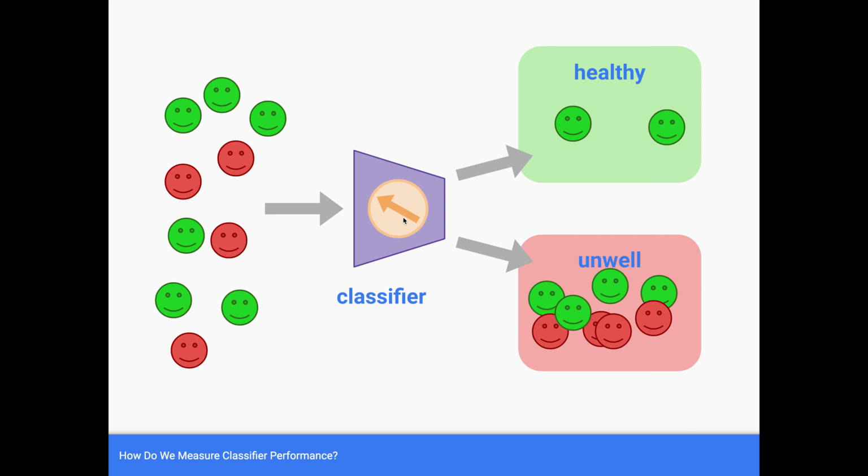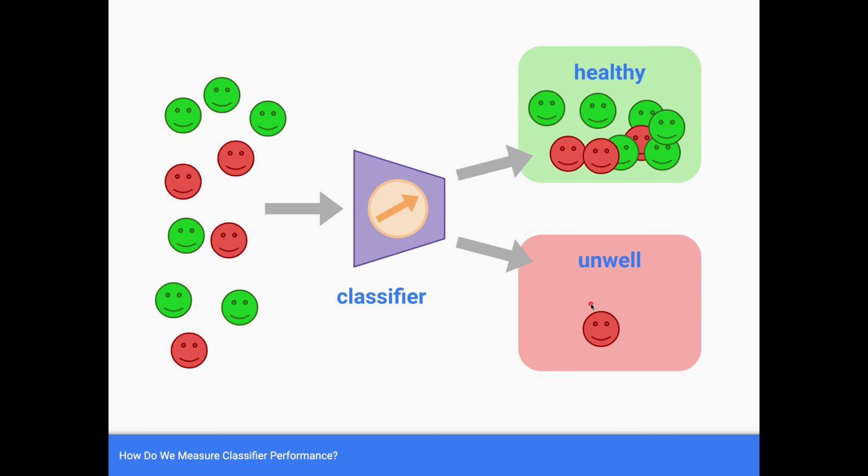We don't have to say what it is. So this can be a classifier in abstract, but we have some control that we can adjust to change how this classifier behaves. If this dial is turned this way, it might behave like this, where we have a small number of good results in the healthy box and everything else is over here. And if we tune it, we might have a different outcome. Not always good.